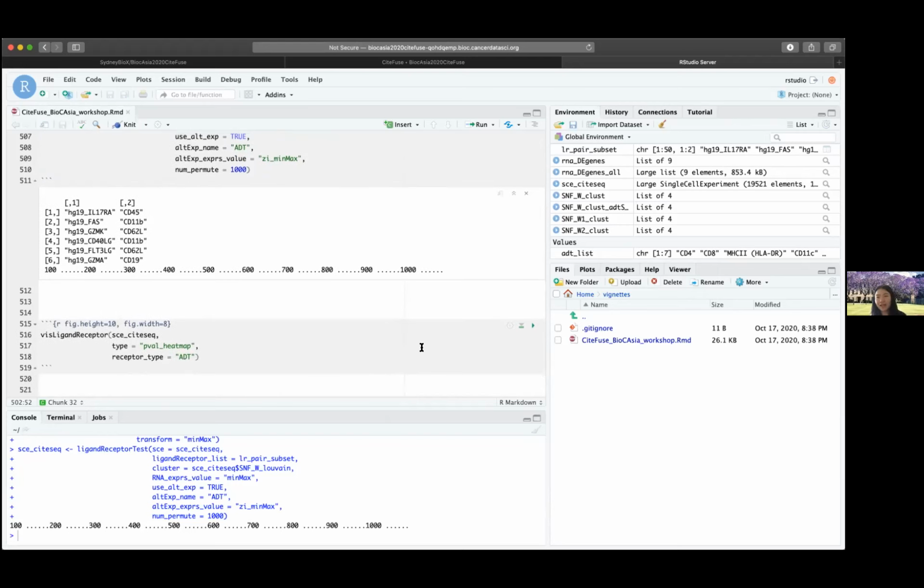I'm just asking whether you have analysed CITE-seq data before. I just started a poll. If you type 1, it means you did; 2 means you didn't. Anybody did it? Just type 1. Thank you, that's great.